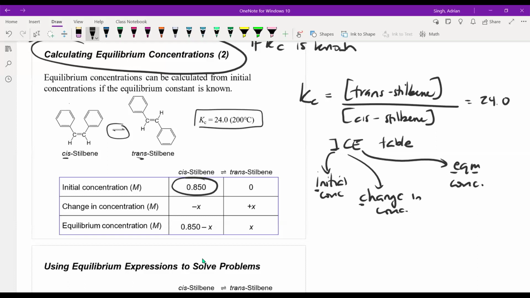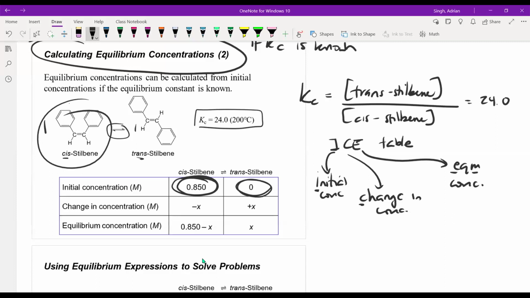Okay, so at the beginning in our example, we have 0.850 molar. At the beginning, we don't have any of the trans-stilbene because all we're doing is starting with the left side, the reactant side. So as this reaction proceeds, we can apply a little bit of math to this. According to the stoichiometry of this equation, everything is in a 1-to-1 ratio.